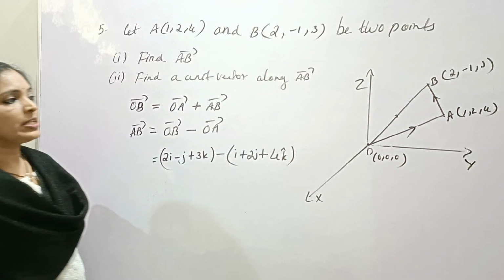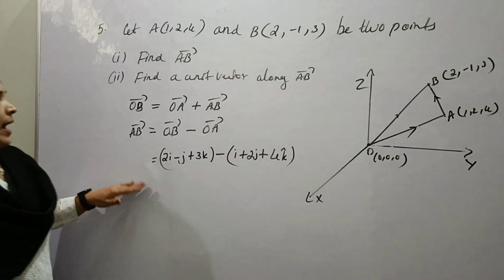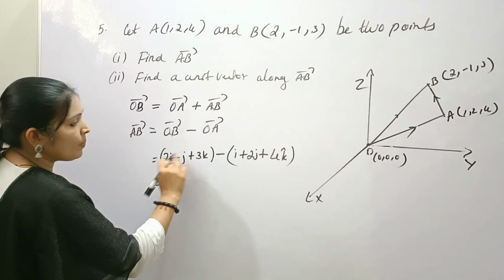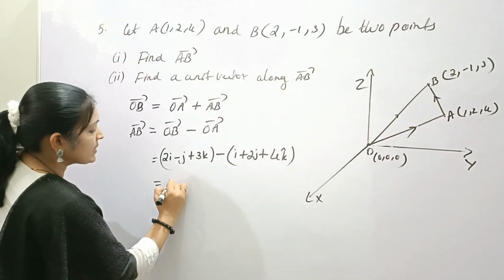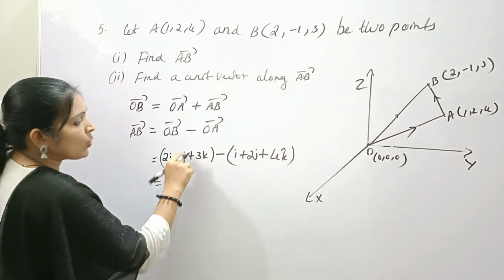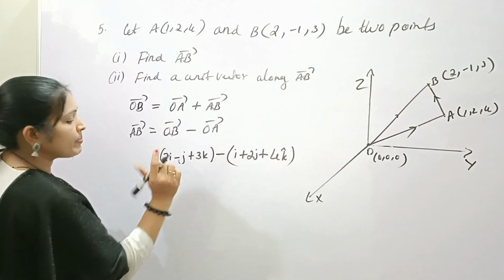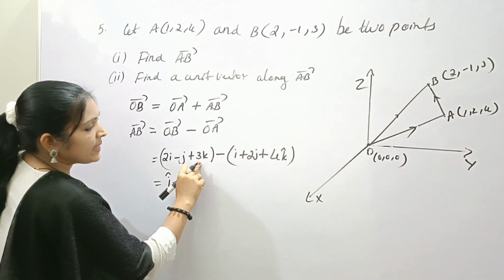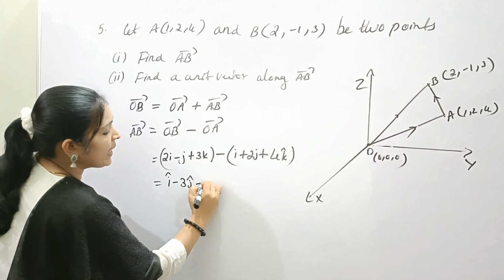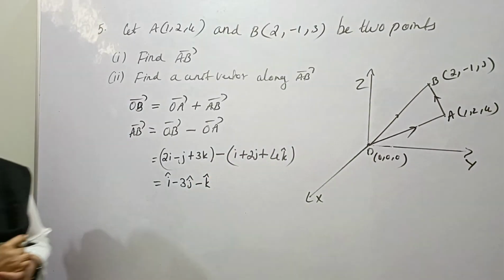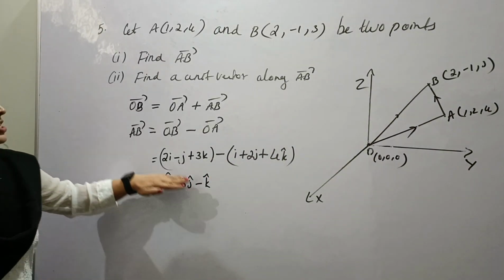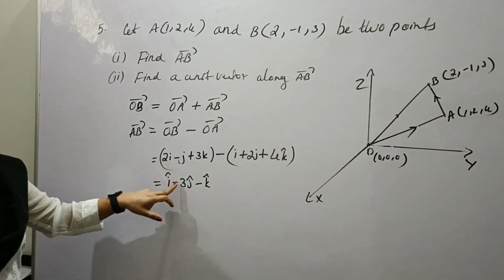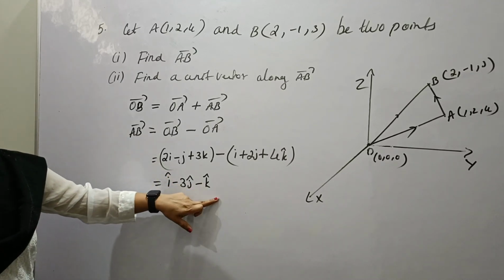Here it's a subtraction: 2 minus 1 is 1, that is i, minus 1 minus 2, that is minus 3j, plus 3 minus 4, that is minus k. So vector AB is i minus 3j minus k.